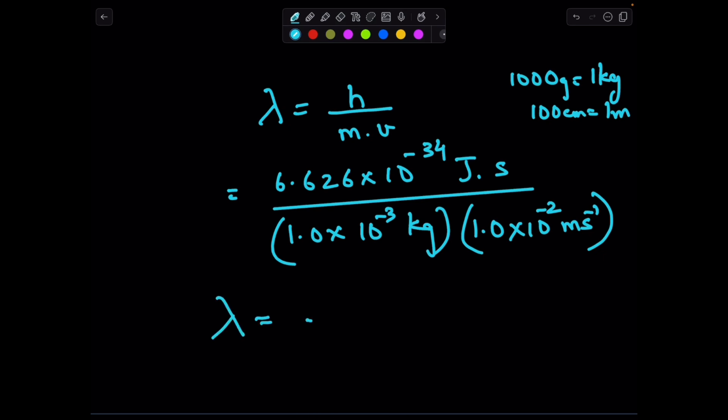Solving for lambda, we get 6.6 times 10 to the negative 29 meters.